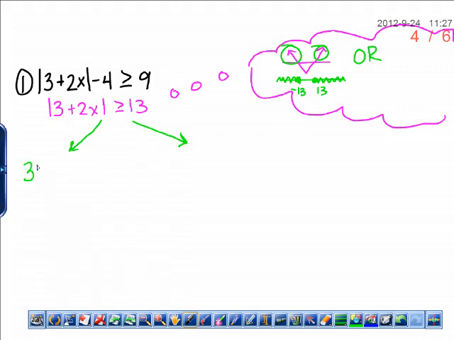I take the inside, 3 plus 2x, and to represent this left side of my number line, it's going to be less than or equal to negative 13. The inside can also be greater than or equal to positive 13.